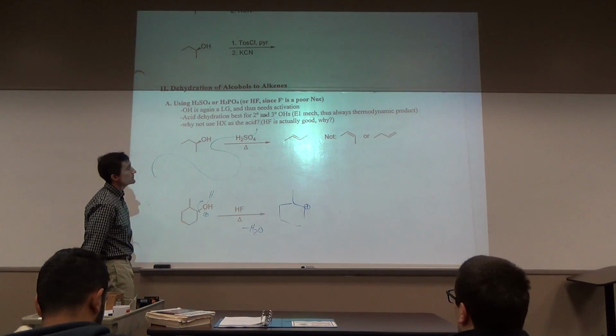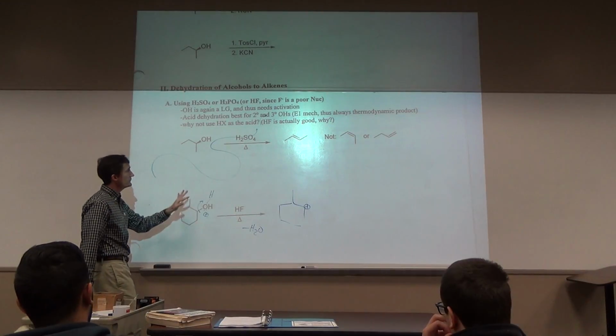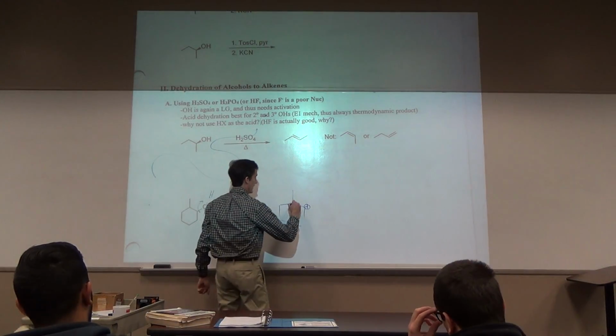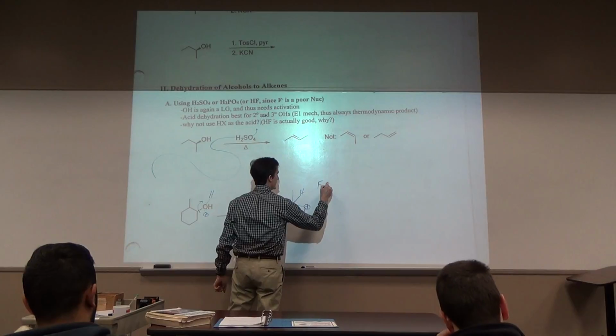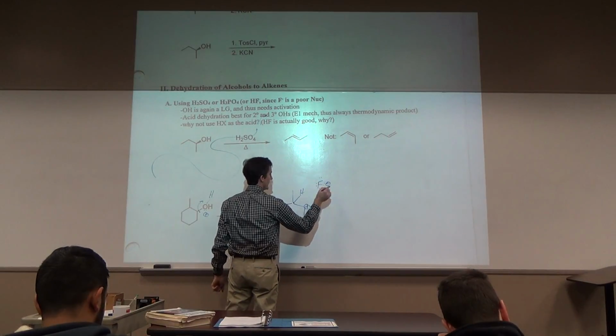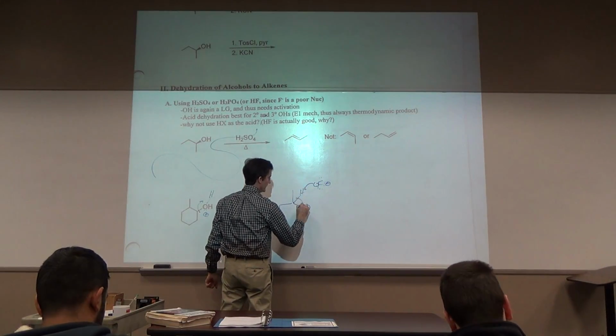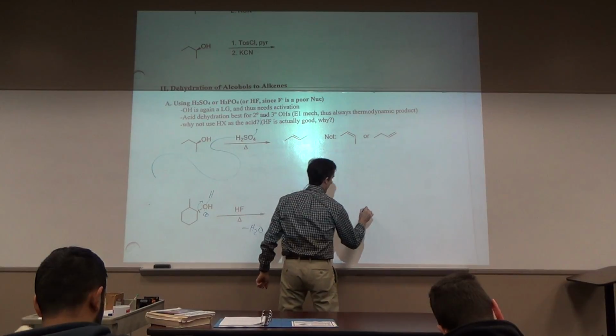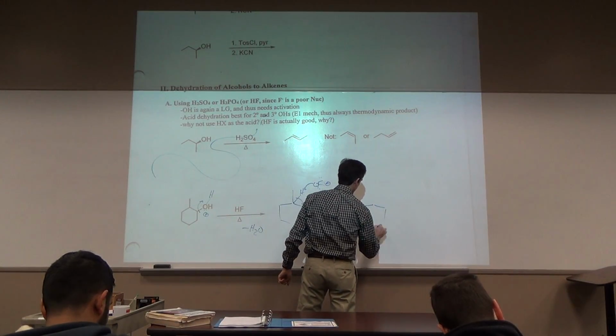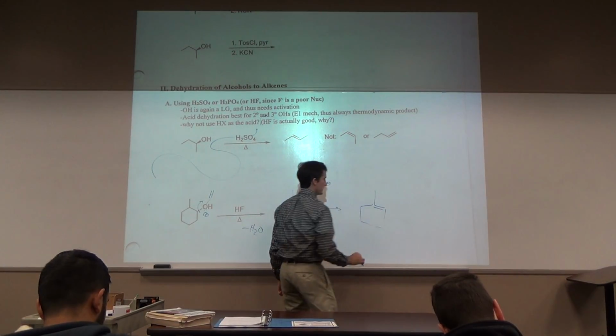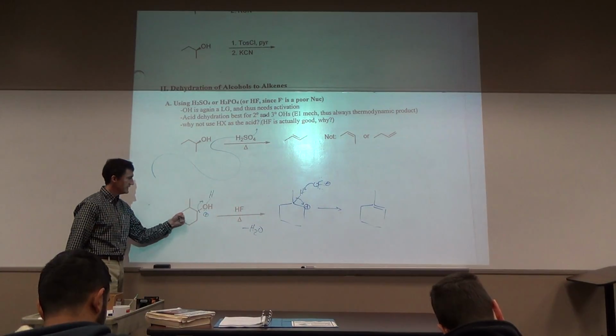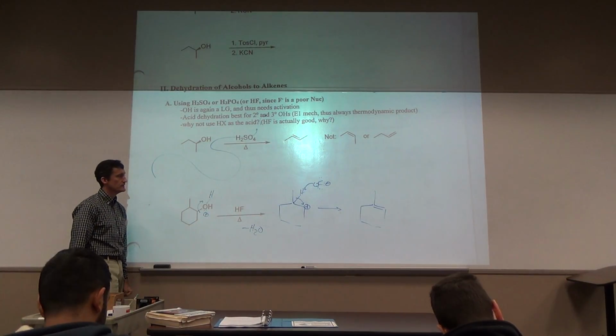Well, if we're under organic 2, it's elimination, just like sulfuric. F minus will act as a base and take the beta hydrogen. These electrons move in, and ultimately we get an alkene. We have dehydrated the alcohol.